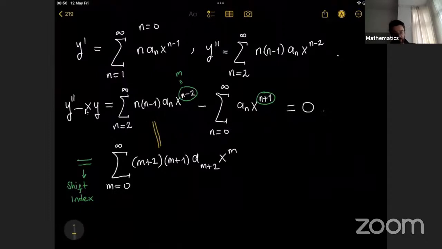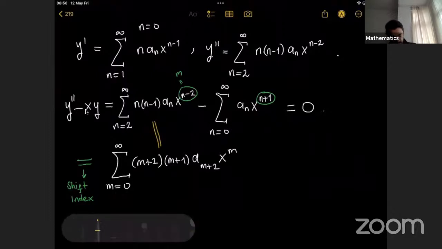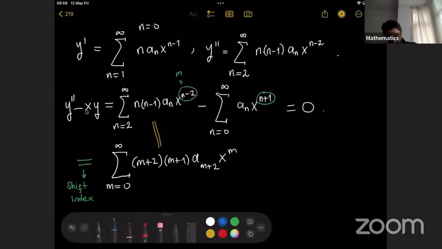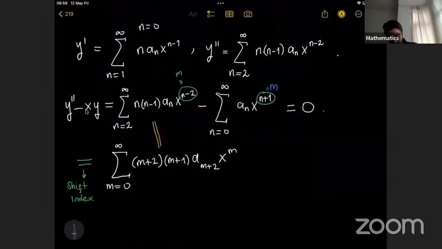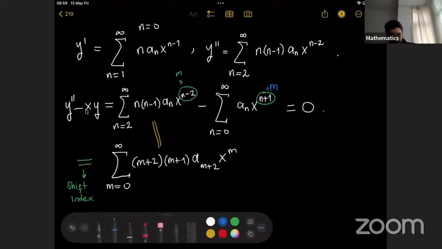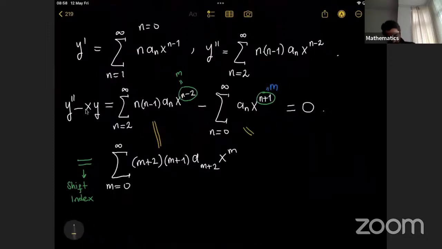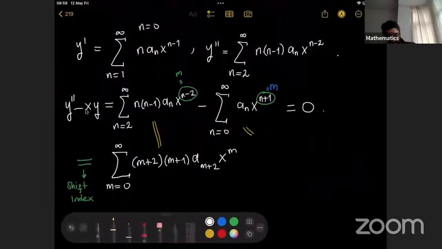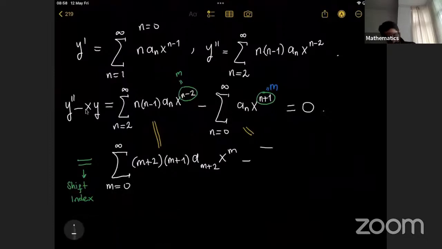Now you do the same thing with this one. I will say here, this is m, okay? And then do the same thing here, minus. Now n plus 1 is equal to m. If n is equal to 0, m is equal to 1, right?